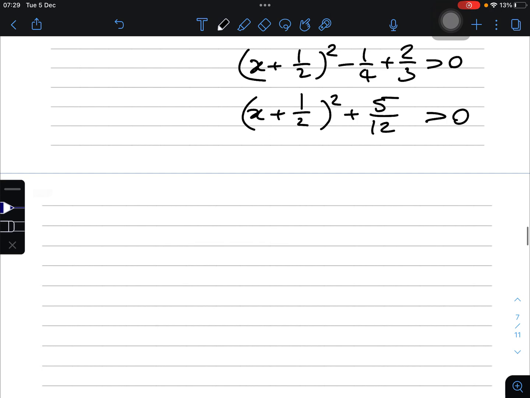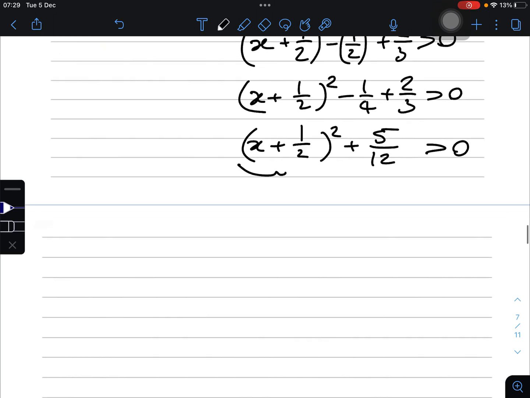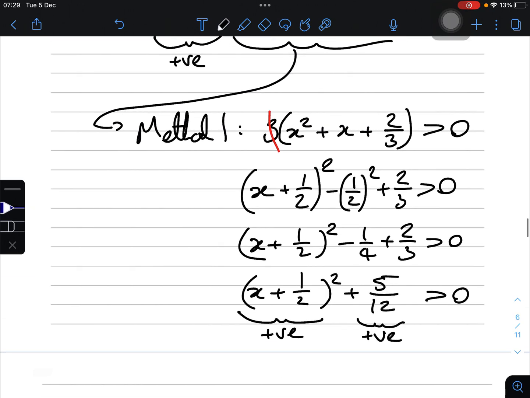Greater than 0. Let's go shorthand for positive. Well, this here is obviously positive, and this is obviously positive. That's one way of doing it. Both terms are positive: a squared term is always going to be positive, and then you've got a positive constant.